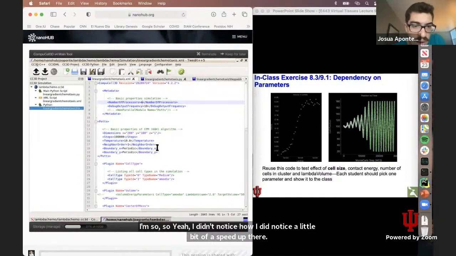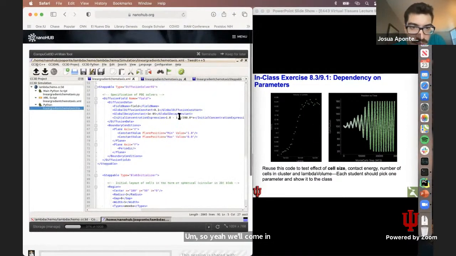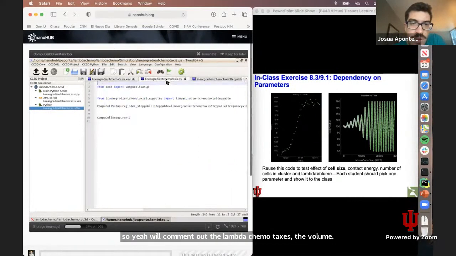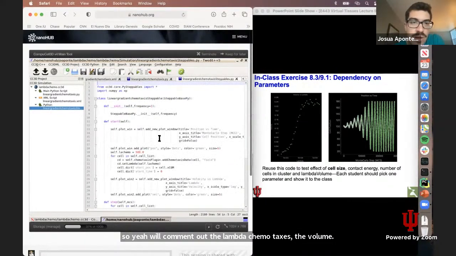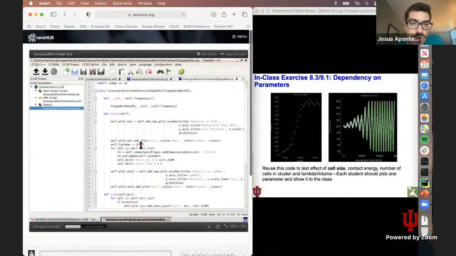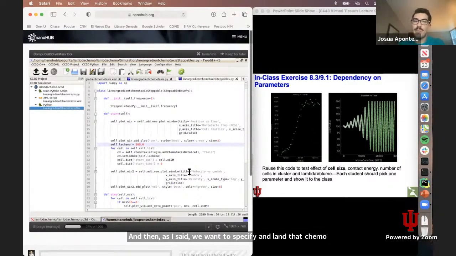So yeah, we'll comment out the volume specification in the XML, and then we'll come here to the Python steppable. As I said, we want to specify a lambda chemo that is reasonable within that linear range, so we'll set it to 5,000.